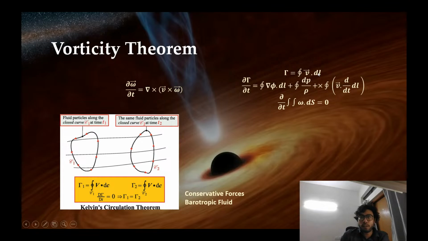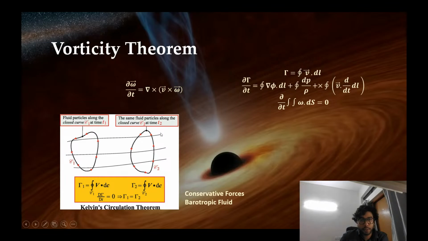If you know Stokes law, let me explain what this term v dot dl means physically first, and then maybe I can connect it to vorticity. So v dot dl is integrated over a closed loop. This symbol means a closed integral.